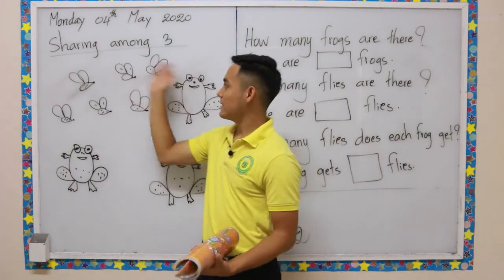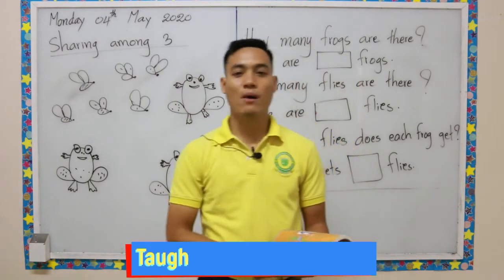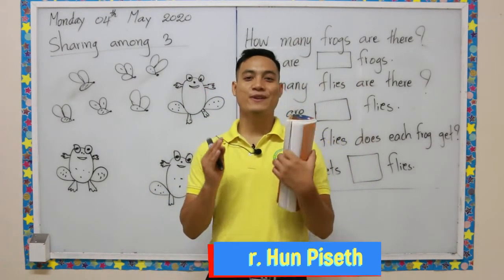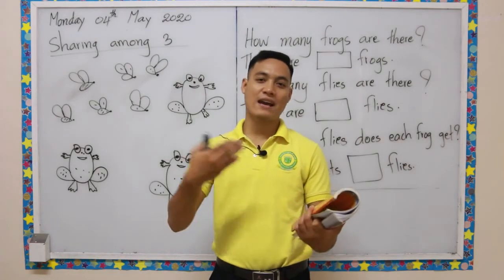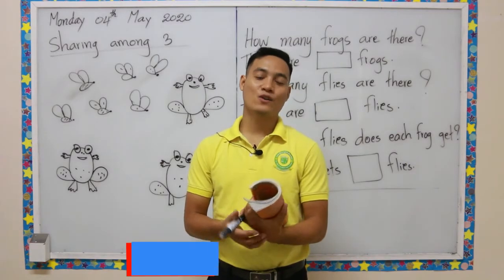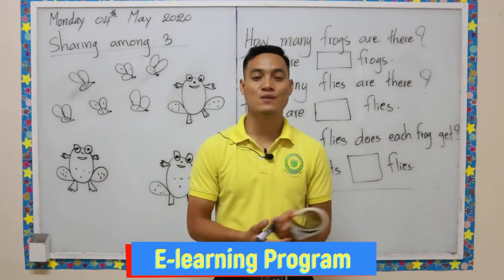The reason why we learn about sharing among three is that we want all of you, especially kids, to know how to share things with others, for example with your brothers or sisters.